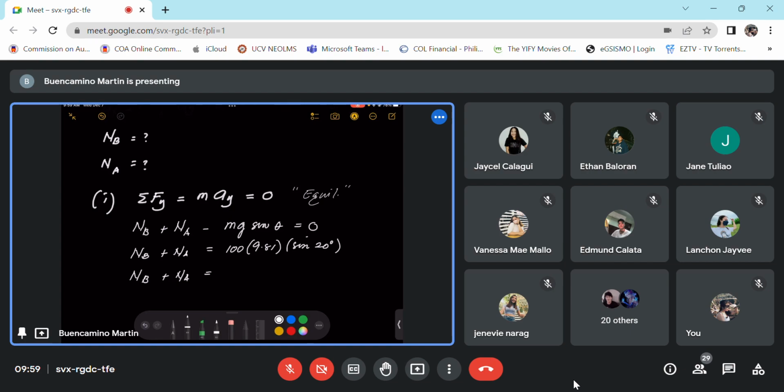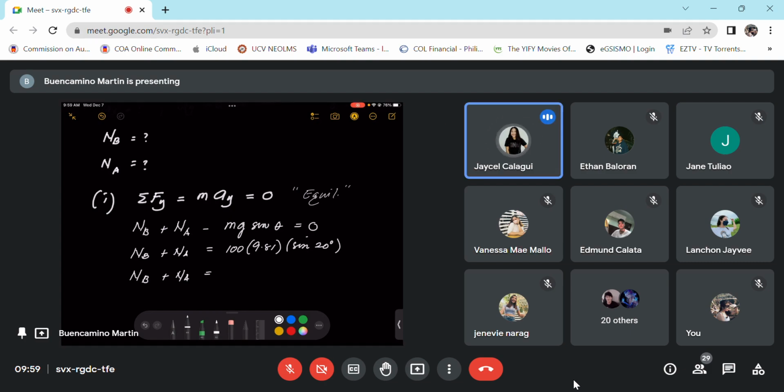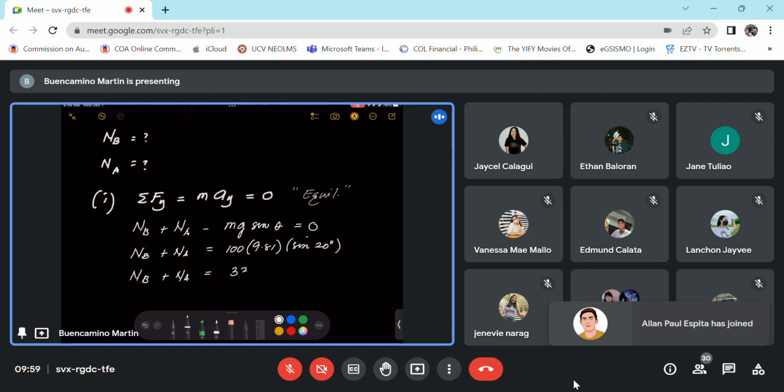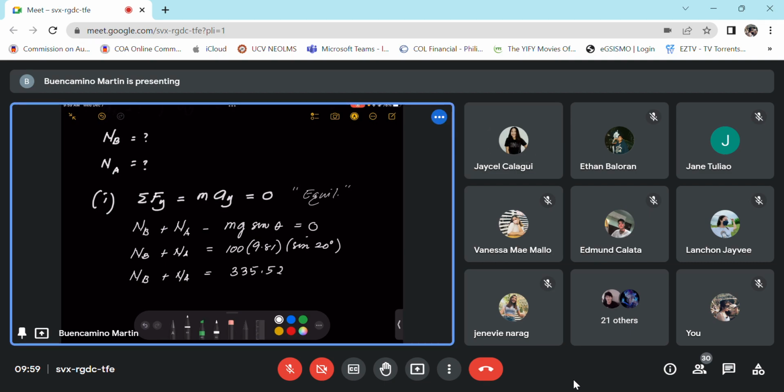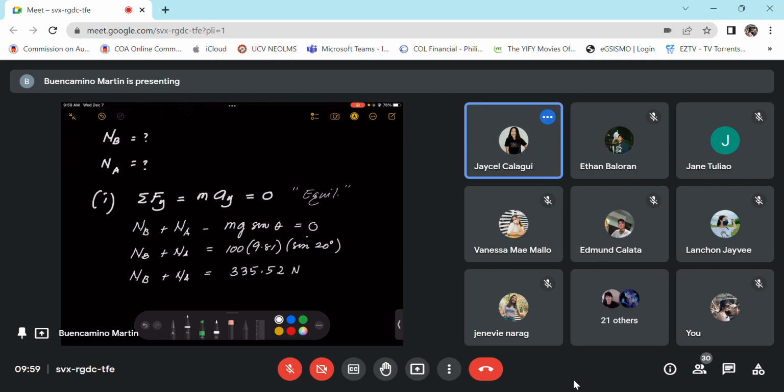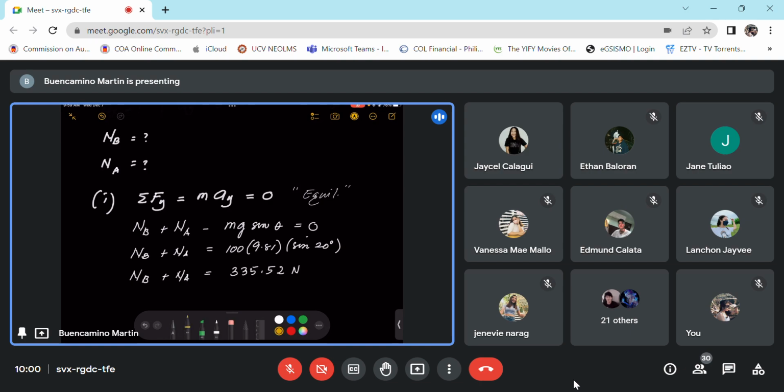Could you compute? 335.52, sir. 335.52 Newton. We can see, class, that there are two unknowns there. Okay, we need another equation.